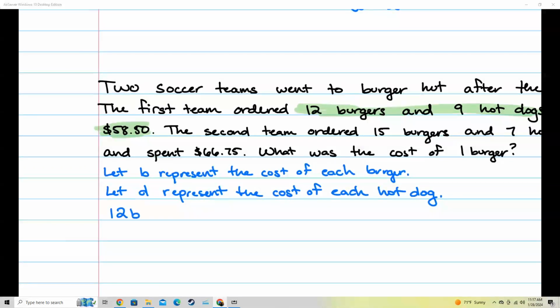Now that's how much money was spent on just burgers, right? And then plus, they also bought 9 hot dogs, so I'm going to say 9D. That's how much they spent on hot dogs, and when I put them together, it should be a total of $58.50. That is my green equation.